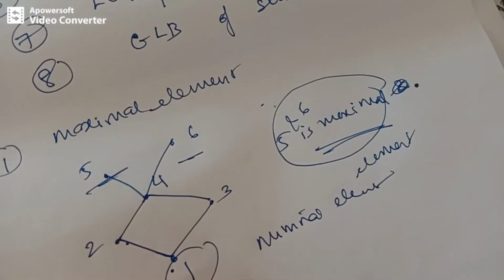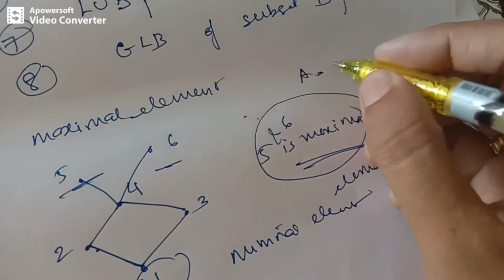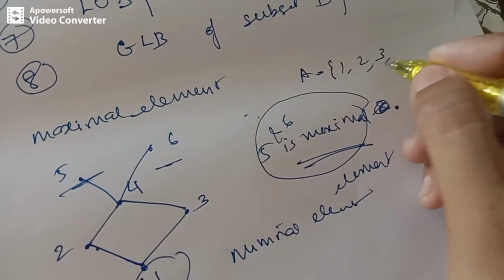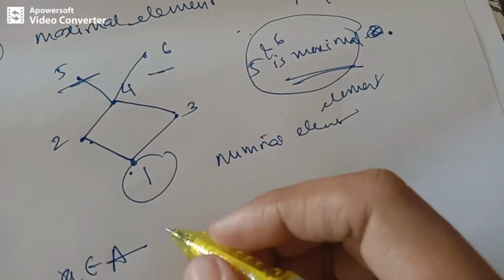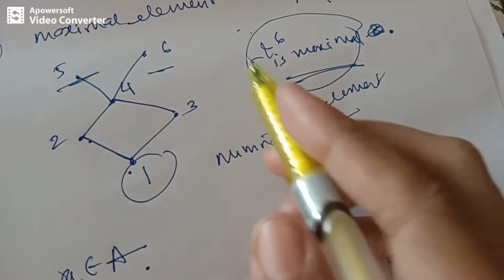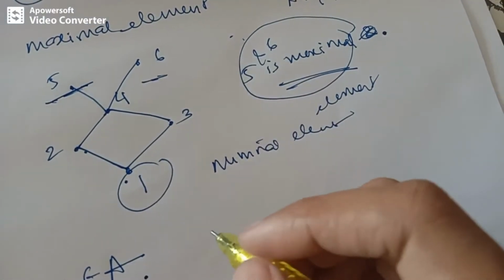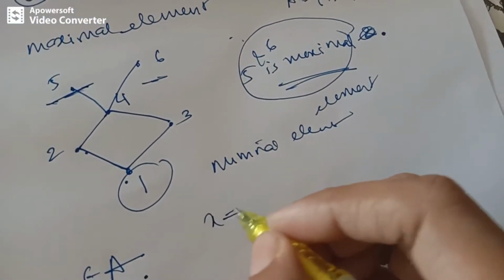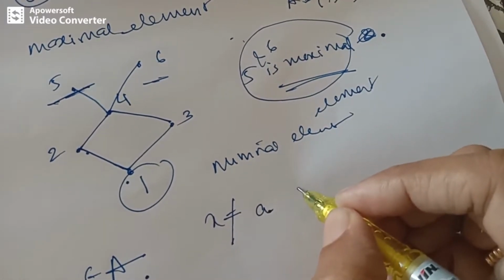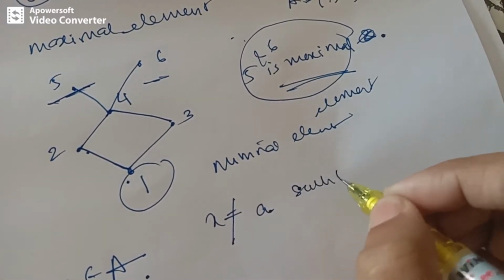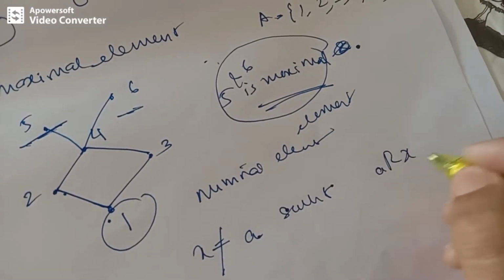So what is a maximal element? Here the set A consists of 1, 2, 3, 4, 5, 6. An element a belonging to A is called a maximal element of A if there exists no element x belonging to A such that a is related to x.